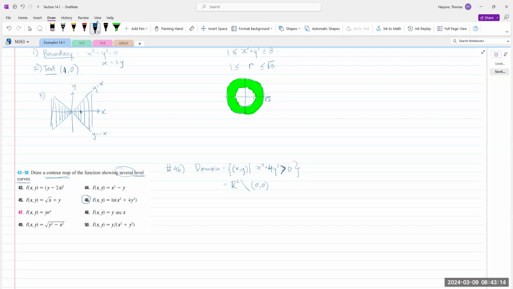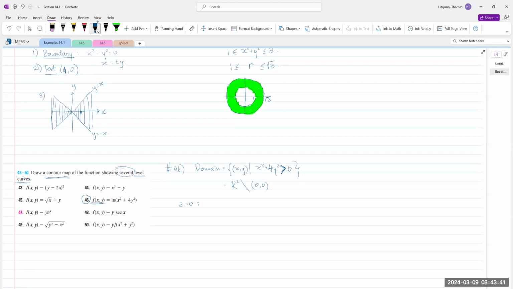Now, what I want to say is when they ask us to graph several level curves, you basically pre-decide some z, some value in your range. Let's start with z equals to 0. When z equals to 0, what will the curves look like?